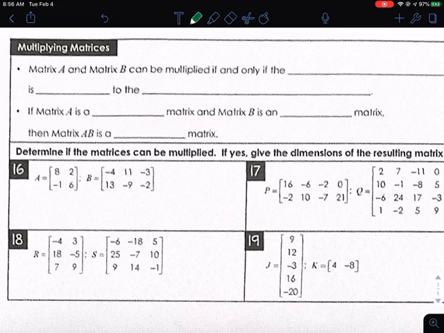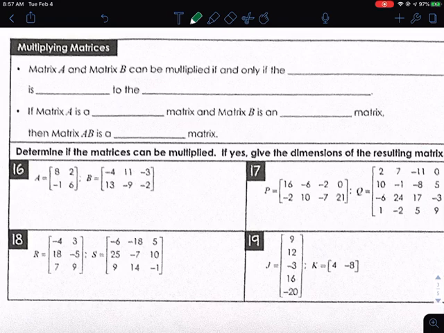All right, so now, when you are multiplying matrices together, this is one matrix times another matrix. It's a little bit different here. Let's go through this information at the top, and then we will do a couple of these, and I may need some more room when it's actually time to multiply.